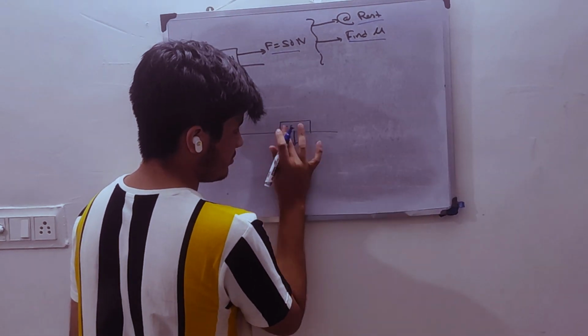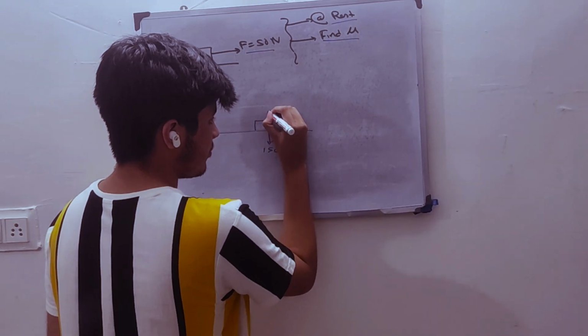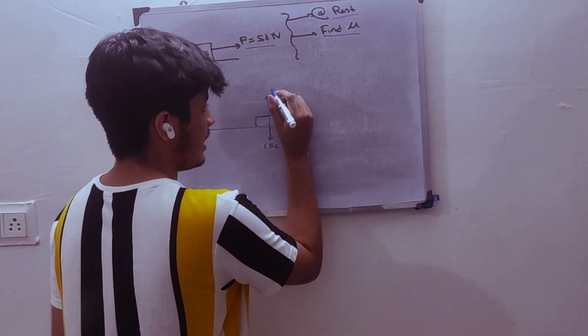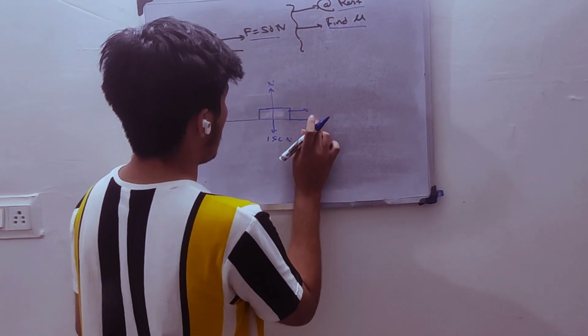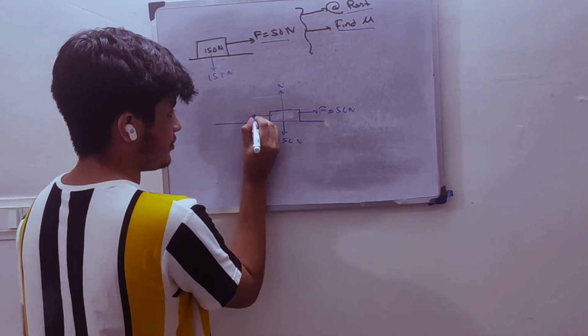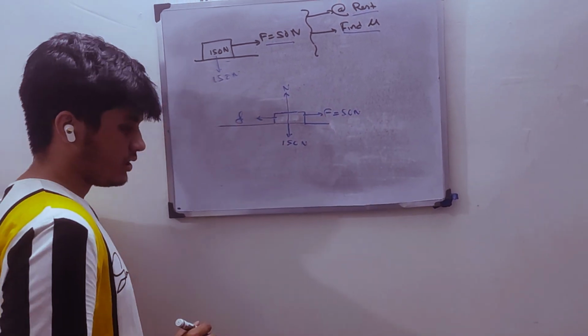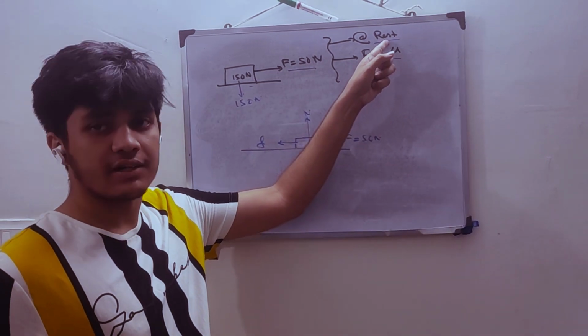Weight is acting downward, 150 Newton. A reactive normal force will act in the direction opposite to the weight. And as the force is applied in this direction, 50 Newton, there will be an opposite friction.